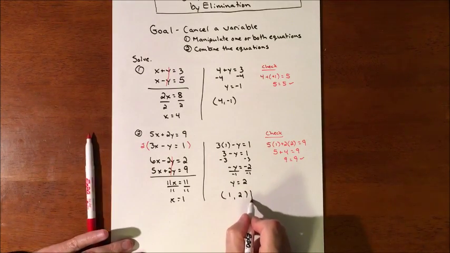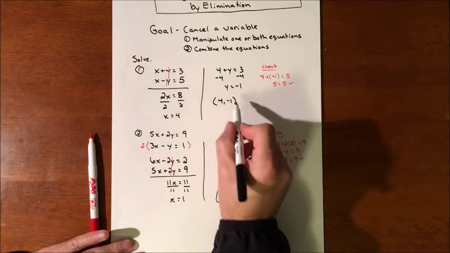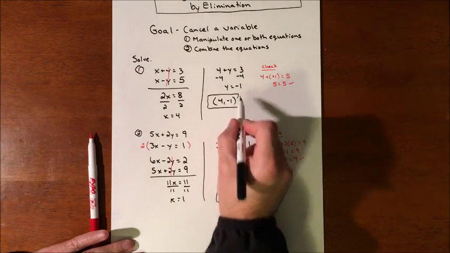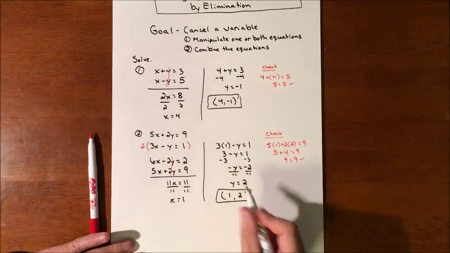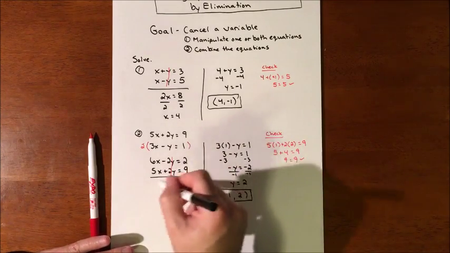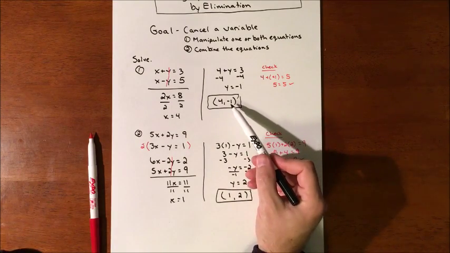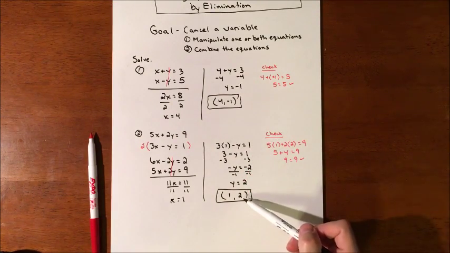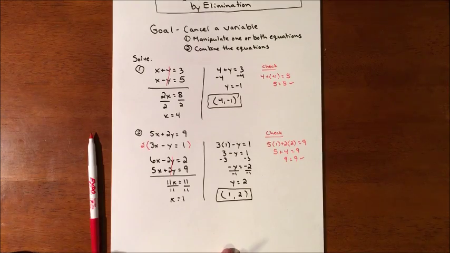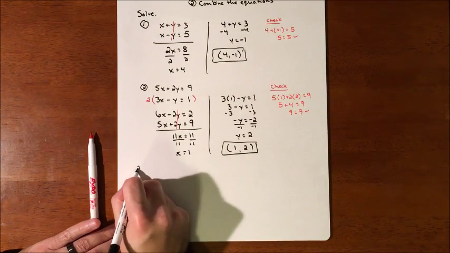So let's make our answer stand out. Should have done that with this one. So if we were to graph both of these systems, the lines would intersect each other. This one would intersect at (4, -1). This would intersect at (1, 2). So let's try another.